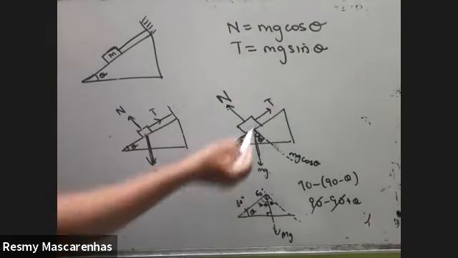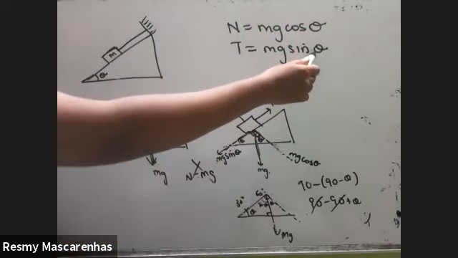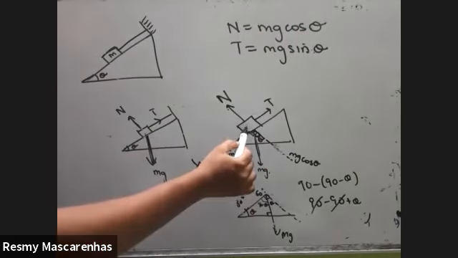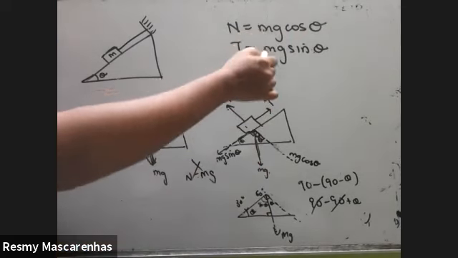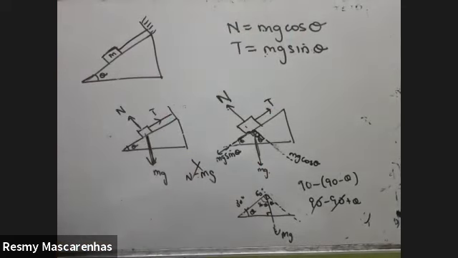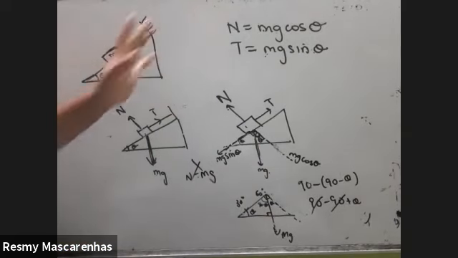If values were given, then you have to just substitute. If this angle was 30, this would have been 30 and 30. If mass was given, say 5, then 5, and gravity you would know. This is how we can calculate normal and tension. If not given any value, in general we have to find it like this.